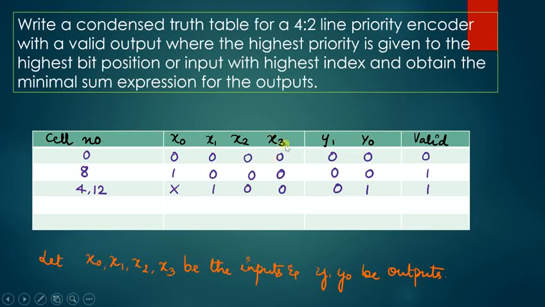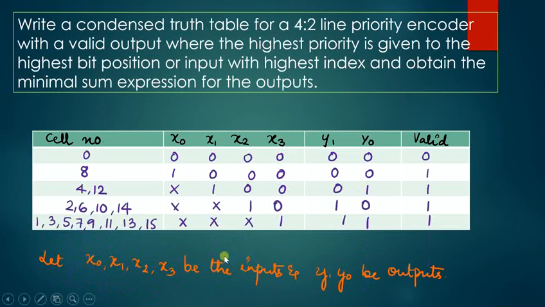So this is the input with the highest index, which means highest priority should be given to this one, and the lower order bit should not be given much priority. That is why the next case becomes x100. Now x100 corresponds to decimal notation 1, and in binary you represent it as 0, 1.